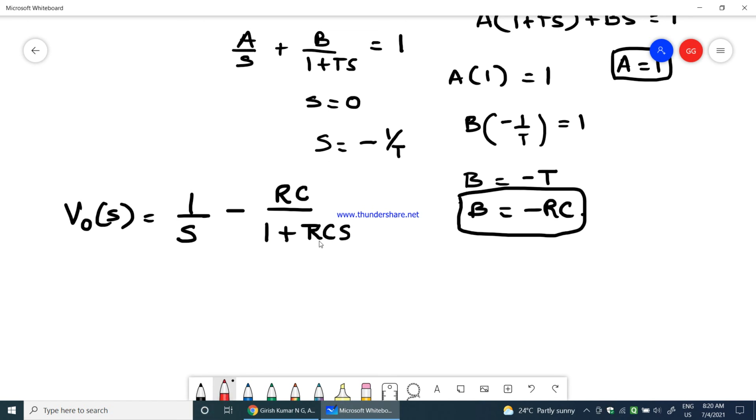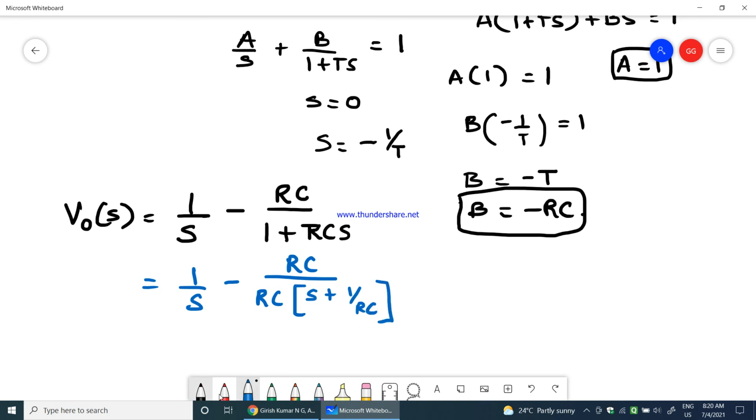Now I'll take RC common here, which gives 1 over S minus RC divided by RC times (S plus 1 over RC). Now this RC and RC get cancelled, so therefore V out of S equals 1 over S minus 1 over (S plus 1 over RC).